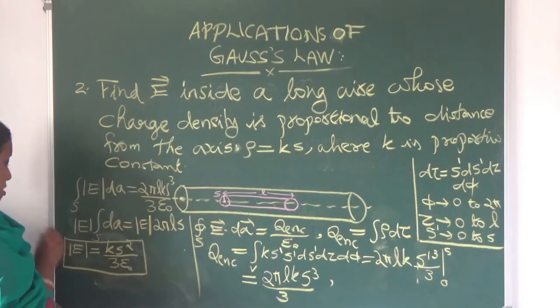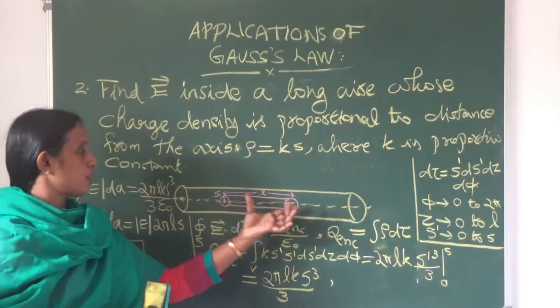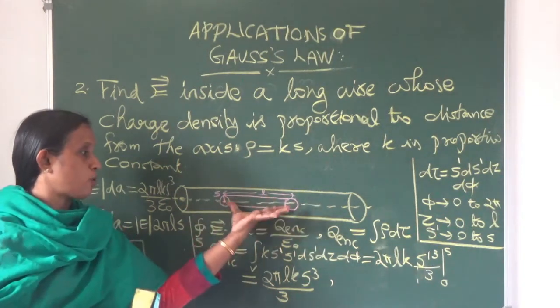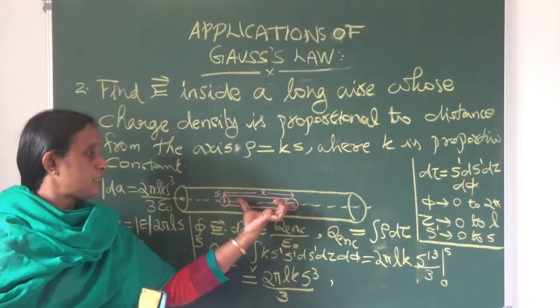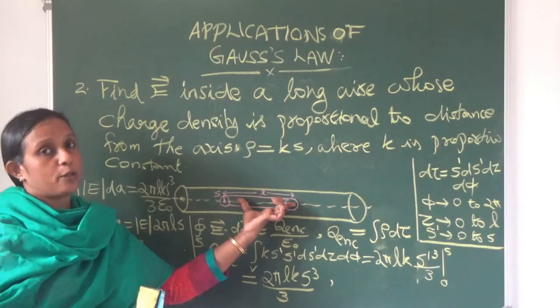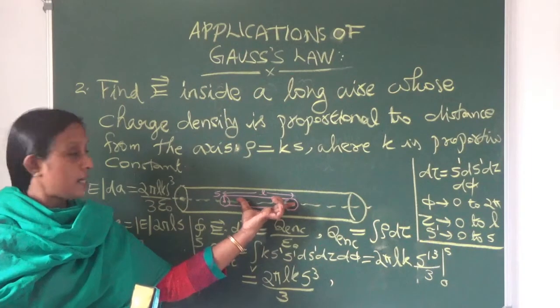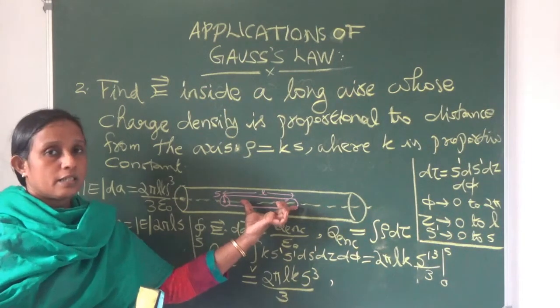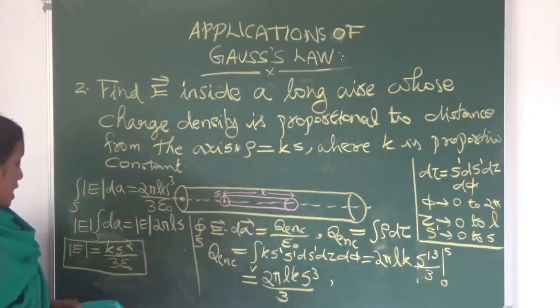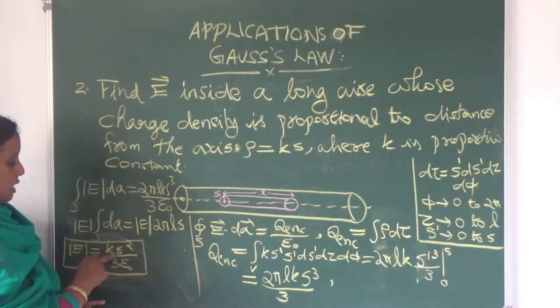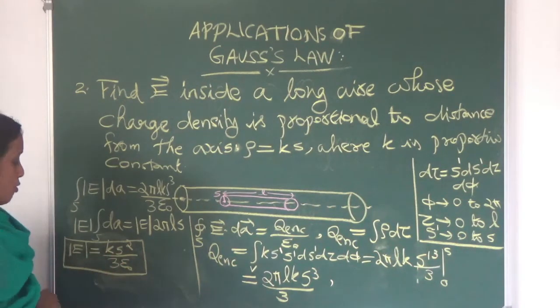Okay, what about the surfaces at both ends? At both these ends, the electric field and the area vector are mutually perpendicular, so they cancel out, and so you get only this thing, K S square by 3 epsilon 0.